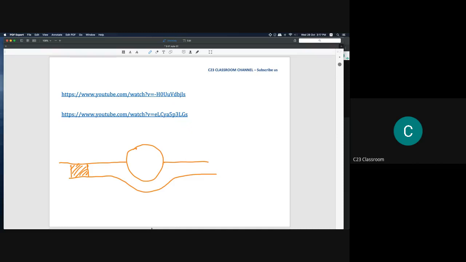Then we can draw another block here which has the same mass as the previous block, and another block here, depending on the mass of the previous block.